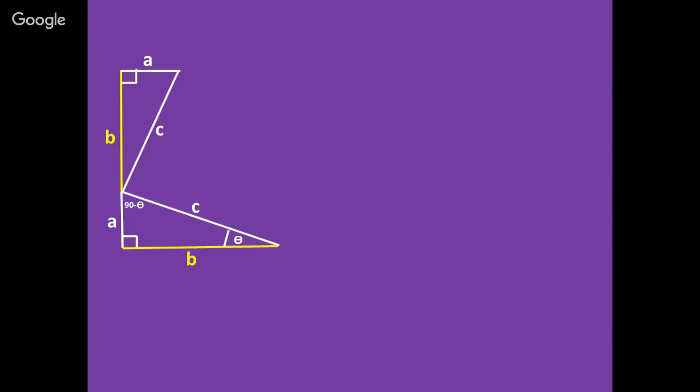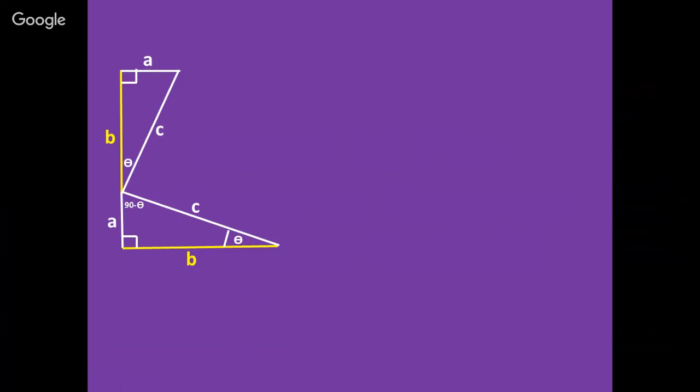Now that these two right triangles are congruent, the corresponding angles will be the same. So if this is theta, the corresponding angle is this angle. So this angle will also be equal to theta.